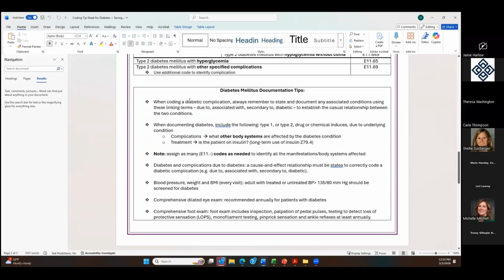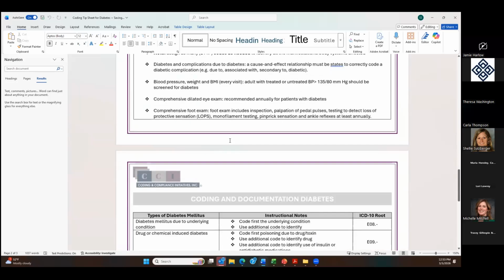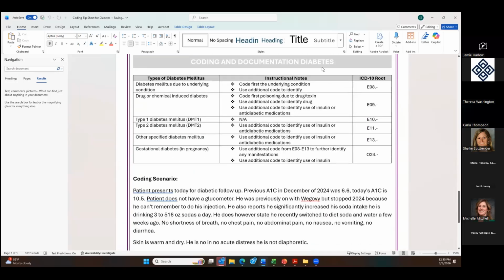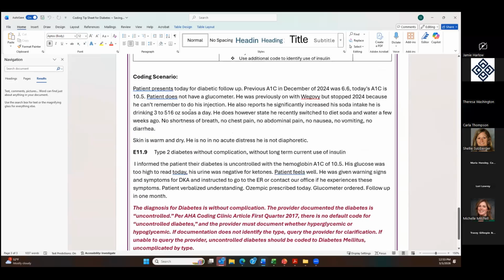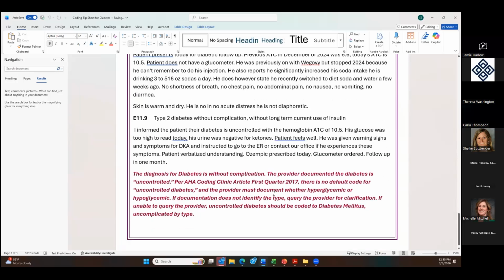Also, some diabetic documentation tips. So again, things we talked about today, if there's complications, make sure you're documenting that. Connect the dots. Are they on long-term insulin, etc. We also have diabetes due to underlying conditions, drug-induced, etc. So it gives you the root ICD-10 code, as well as a coding scenario and some information from the American Hospital Association, which I told you that they don't recognize uncontrolled diabetes.